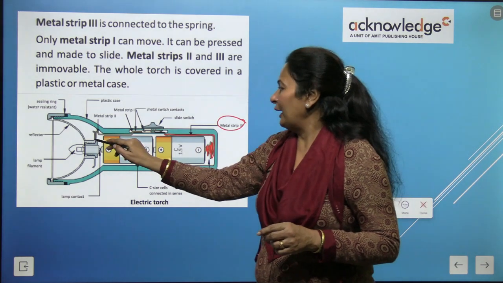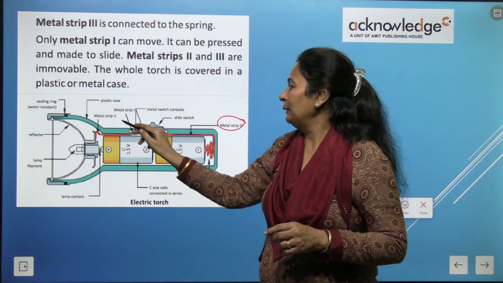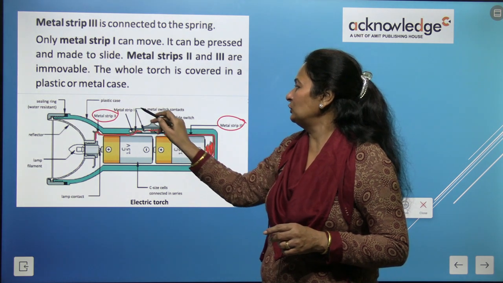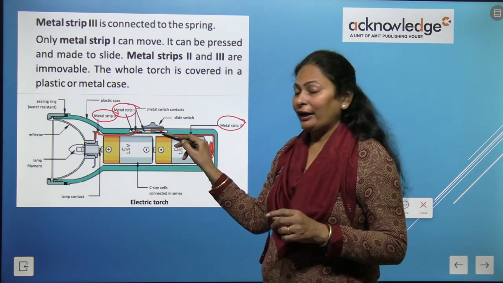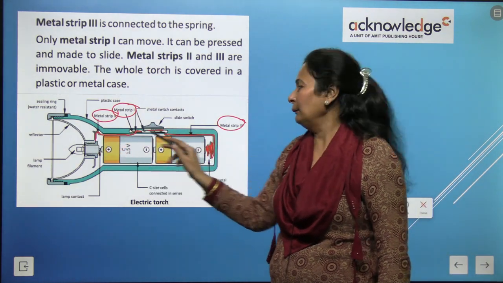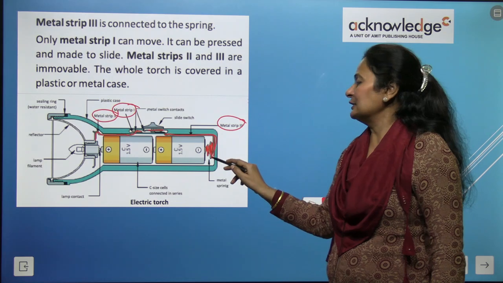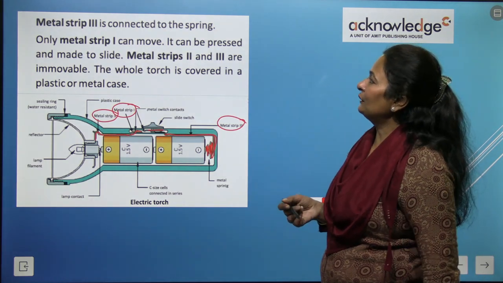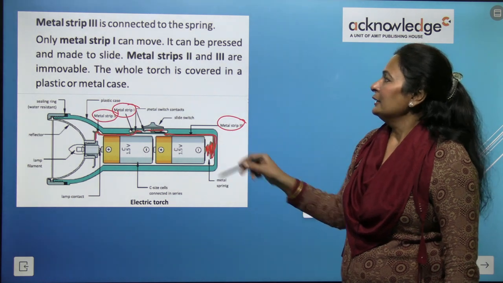The first part you will find in the switch. The second part is connected with the bulb. And the third part is connected with the spring.